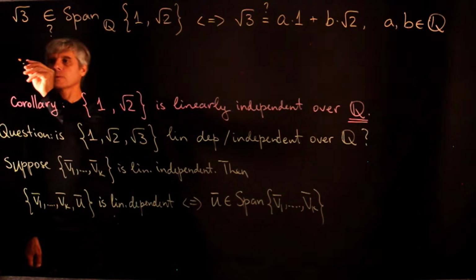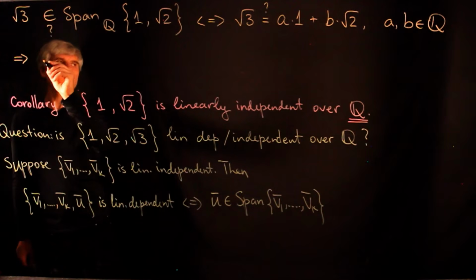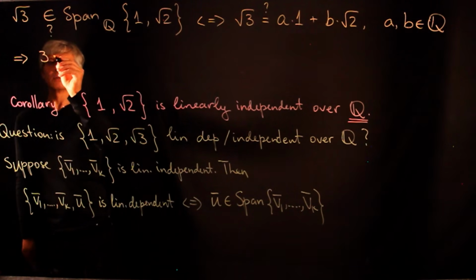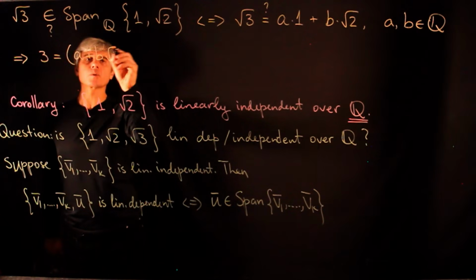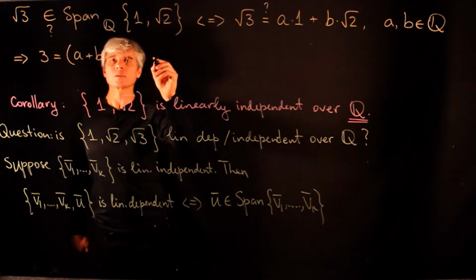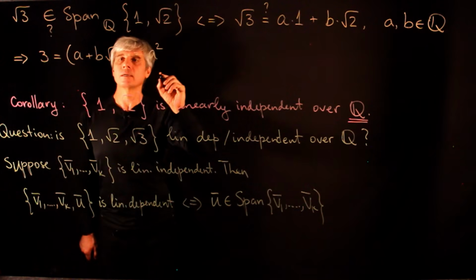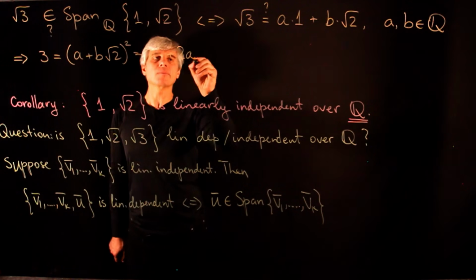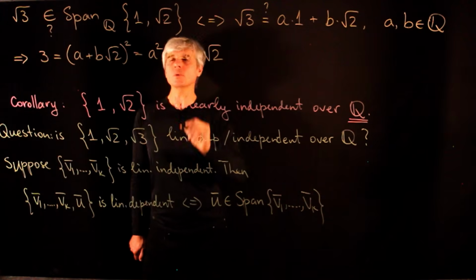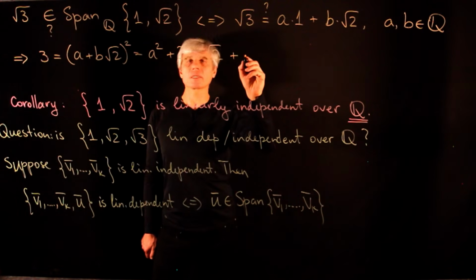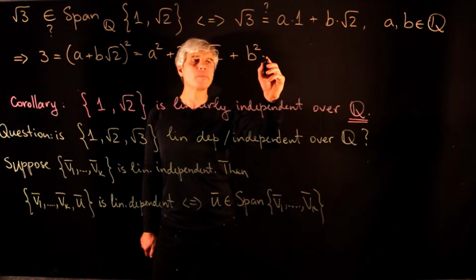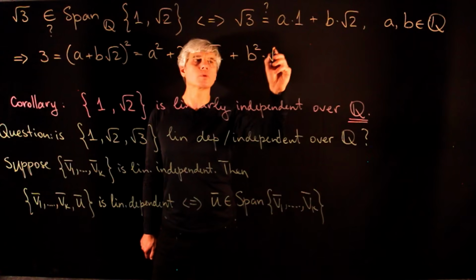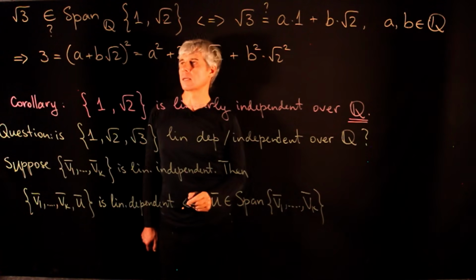Then this would imply that 3 is equal to a plus b square root of 2, squared, which is a squared plus 2ab square root of 2 plus b squared times square root of 2 squared, right?